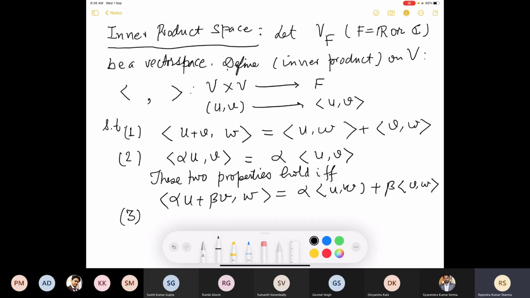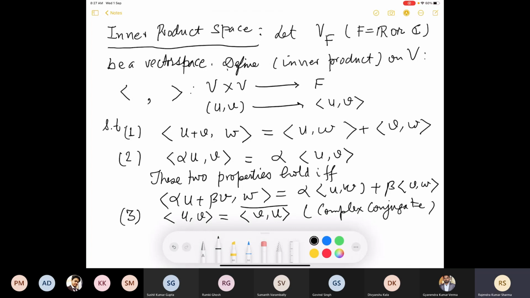But the relationship they should have between them is that if you have u comma v and you have v comma u, that means you interchange, then this is the complex conjugate of the complex number v comma u.